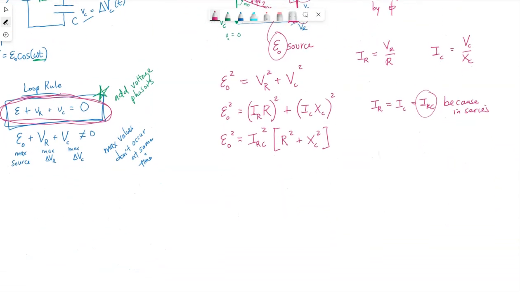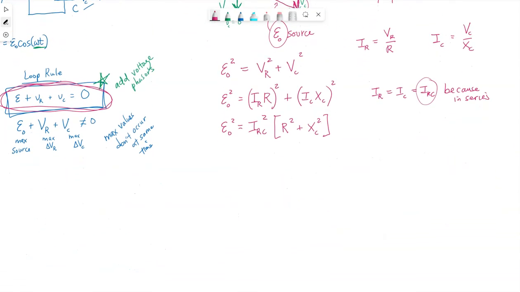If I take and solve for IRC squared, I would be bringing over this quantity of R squared plus XC squared. And now I want to take the square root of everything. Well, on the numerator, I can just take the square root and be left with that maximum source voltage. But I cannot square these individually, so I have to write this as the square root of that whole quantity.